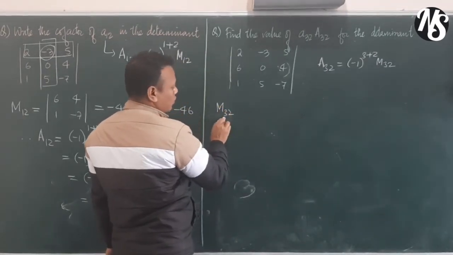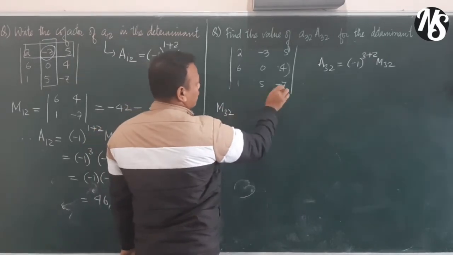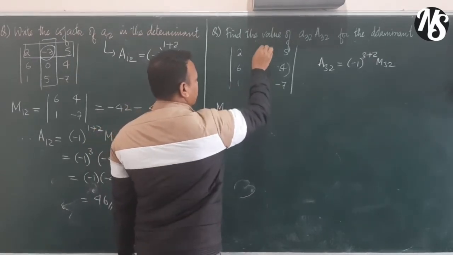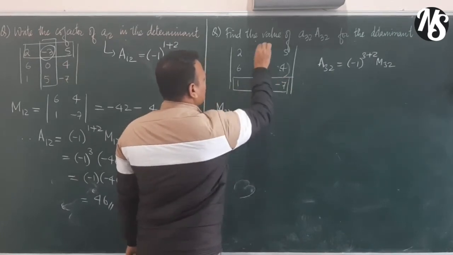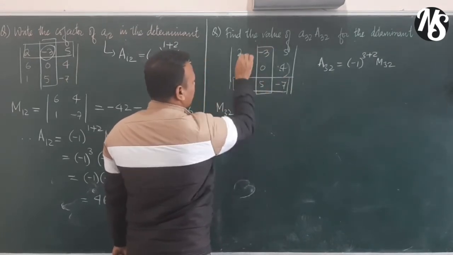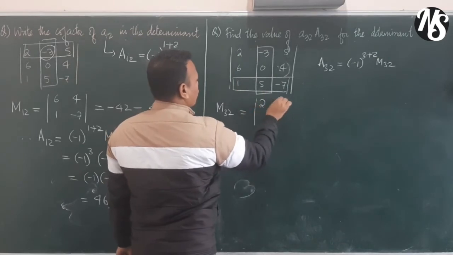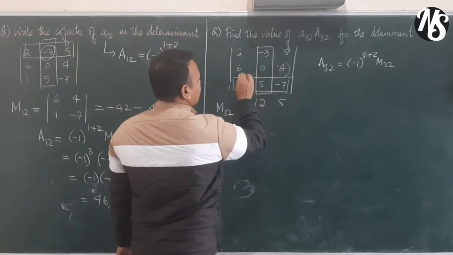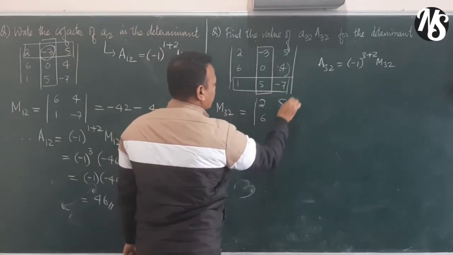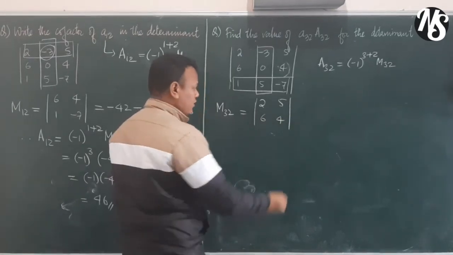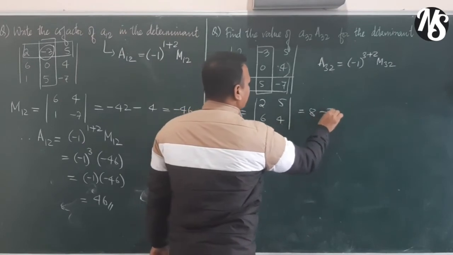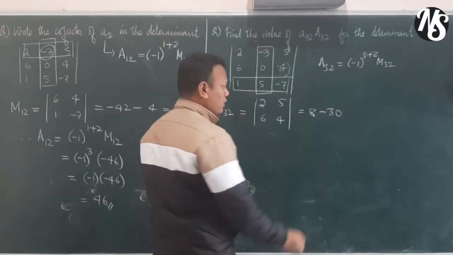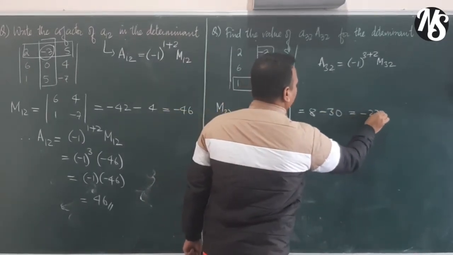Third row, second column. That means remove third row and second column. The remaining numbers are 2, 5, 6, 4. Let's evaluate this. 4 2s are 8 minus 6 5s are 30, so it is minus 22.